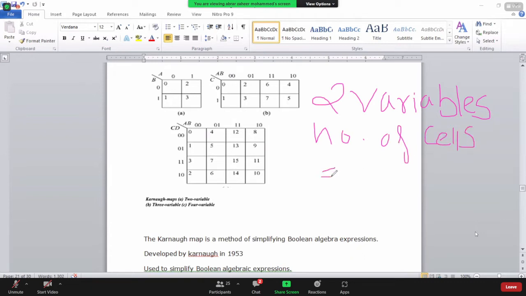Number of cells will be 2 raised to n, where n is the number of variables. The number of cells for the two variable K-map is 2 raised to 2, which is equal to 4 cells. So 4 cells we have for the two variable K-map.